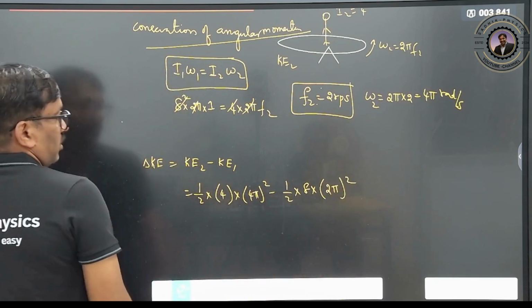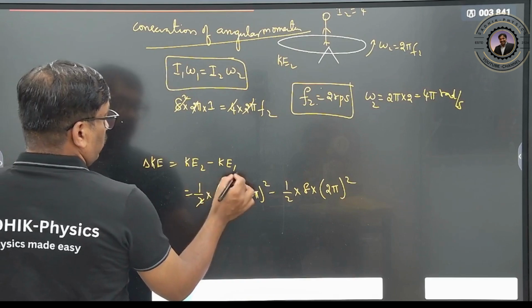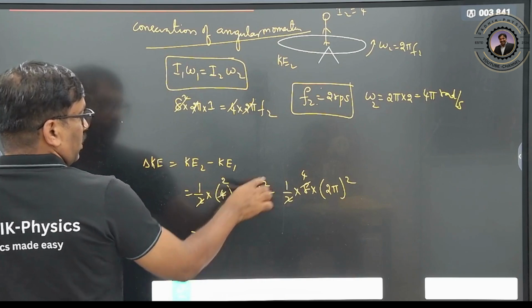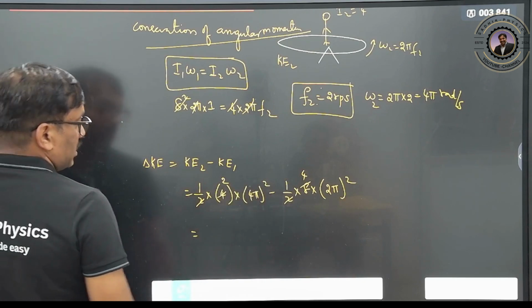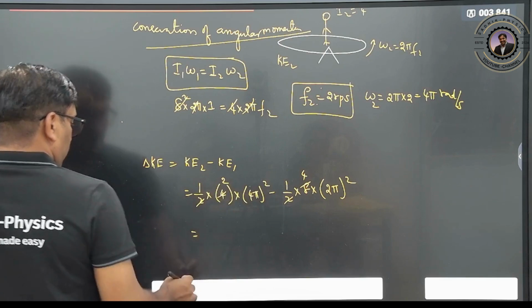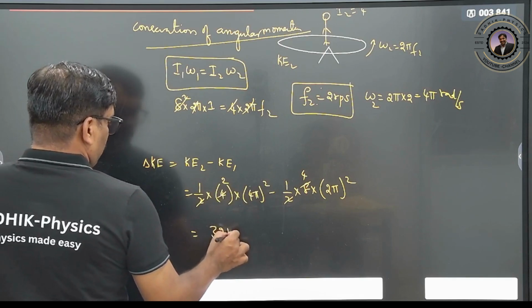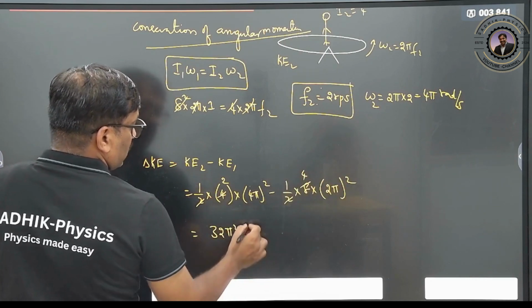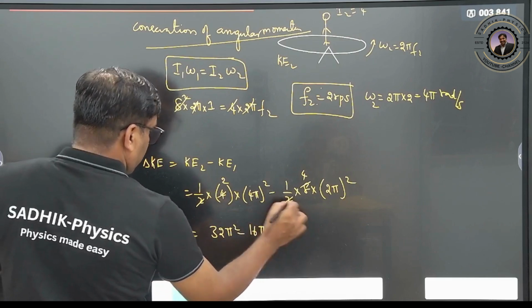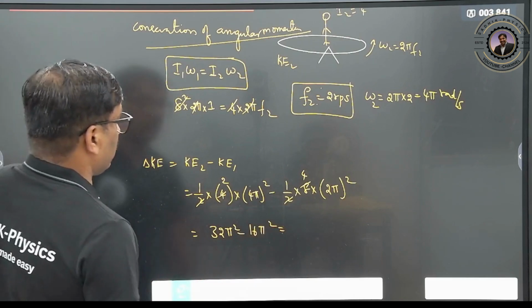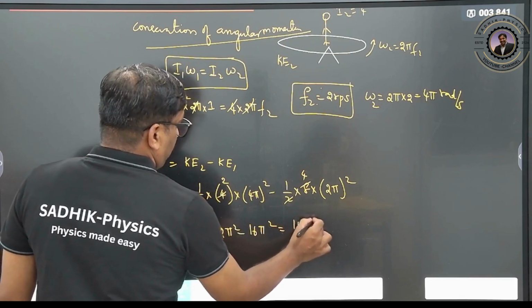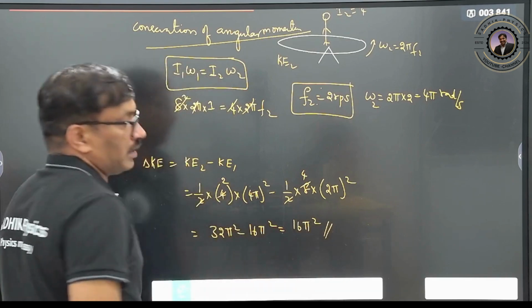Clear? So this is half of 4, which is 2. This is half of 8, which is 4. 4 pi whole square means it is 16 pi square. 16 into 2 is 32 pi square, minus 4 into 4, 16 pi square. Clear? So you can rewrite it as 16 pi square will be your increase in kinetic energy.